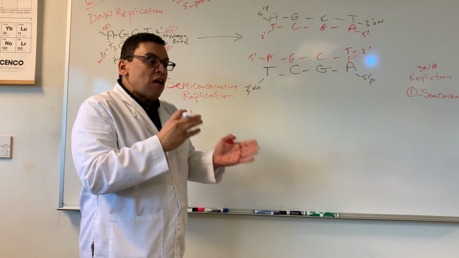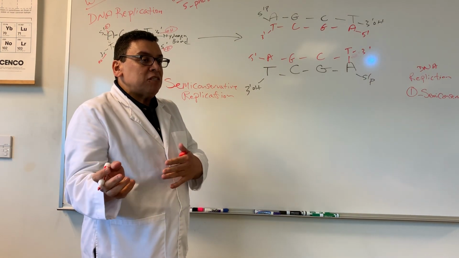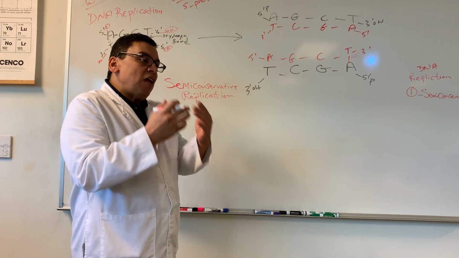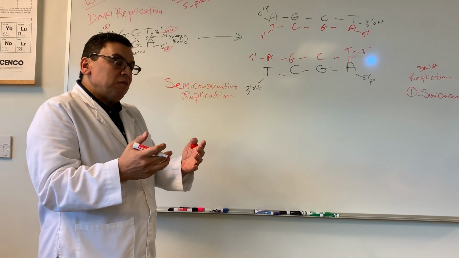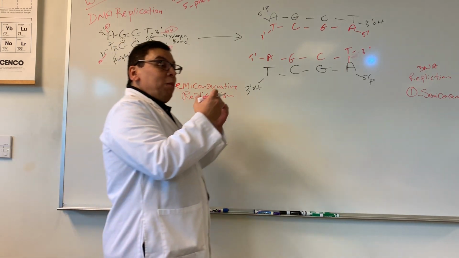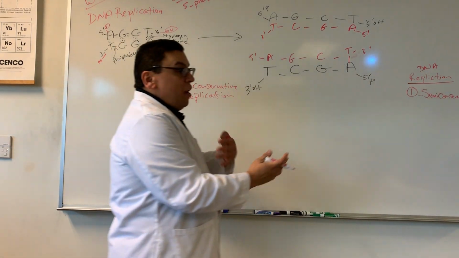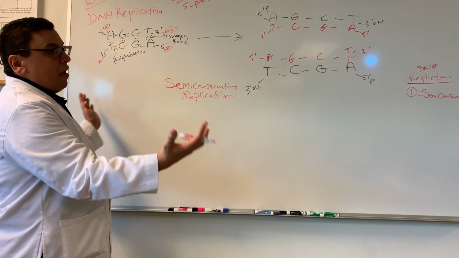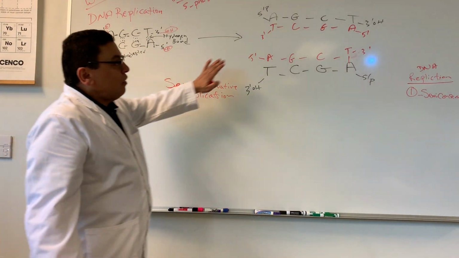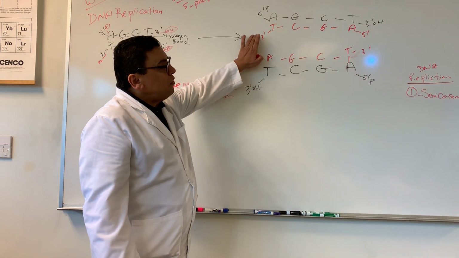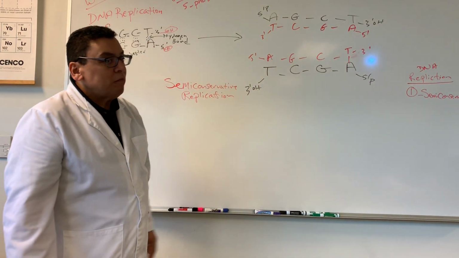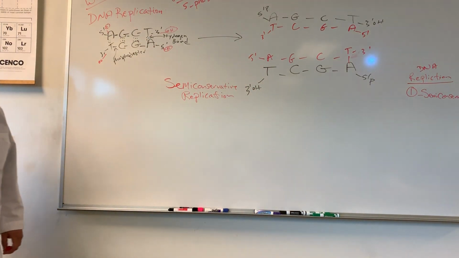A is complementary to T, G is complementary to C. That's the characteristics of DNA. It is a helix molecule. But when we go to the replication of DNA, the copying of the DNA, we start throwing in new terms here. It is semi-conservative. That means the two copies are half old, half new. Are we okay so far?